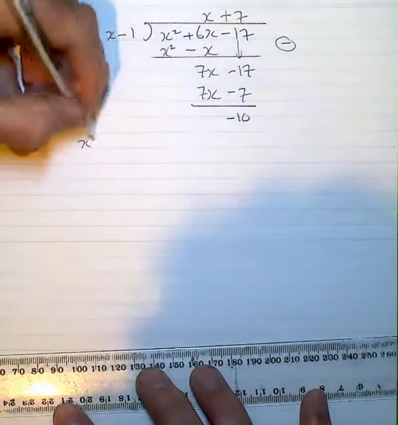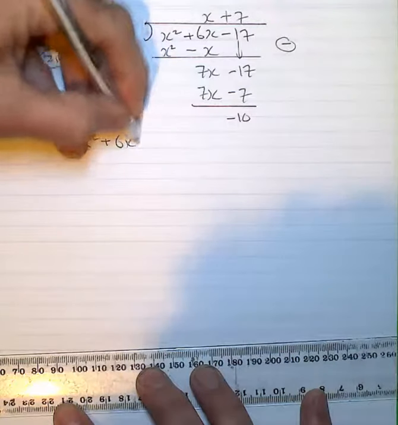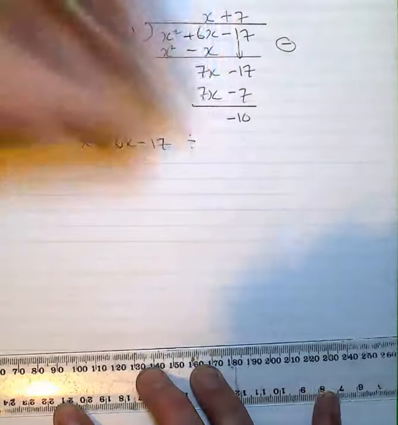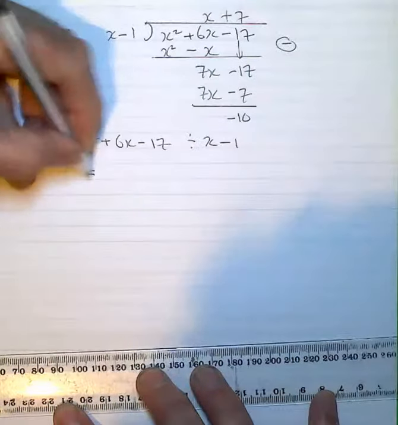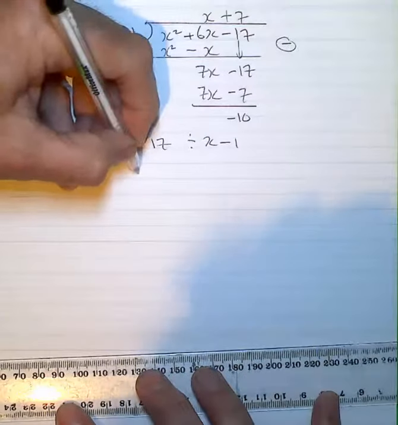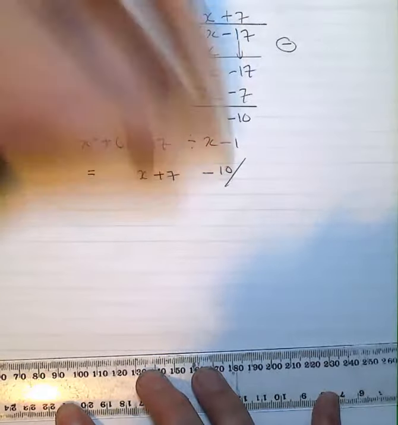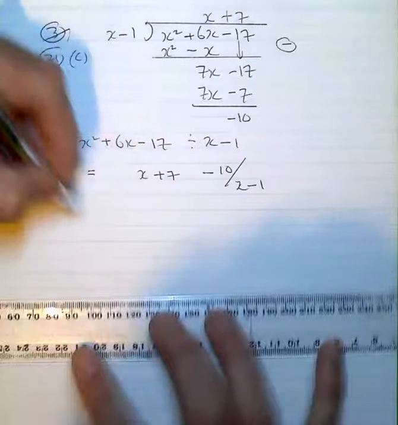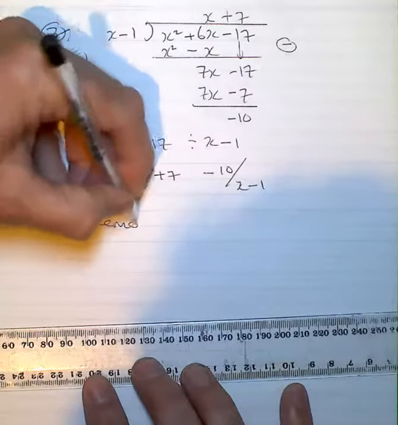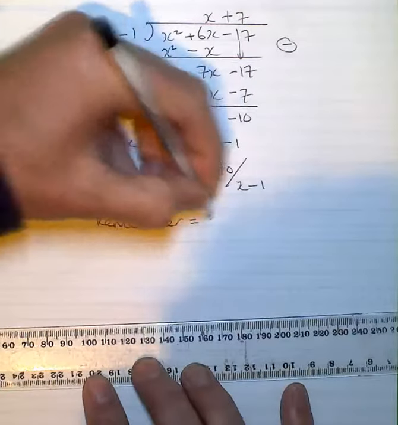So I'll write that out fully. Well, that will equal x plus 7 take 10 over x minus 1. The remainder is negative 10.